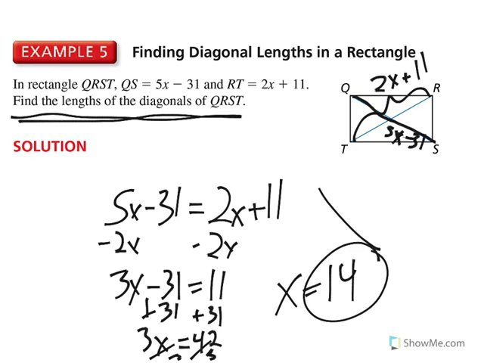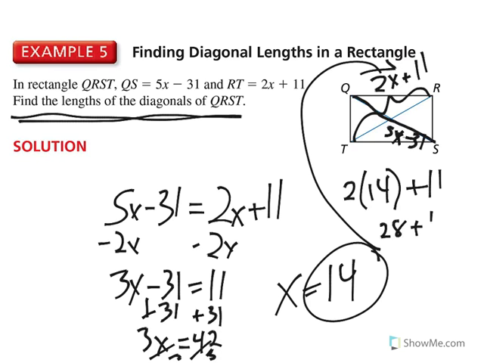So I'm going to take this 14, and I'm going to plug it back in. So I get 2 times 14 plus 11 if I do that one. So 2 times 14 gives me 28 plus 11. It's going to give me 39. If I were to plug it into the other one, I would get the same answer because the diagonals are equal to each other. So my answer would just be 39.